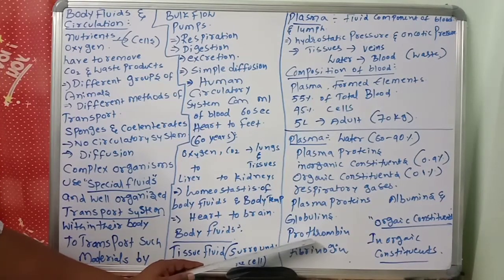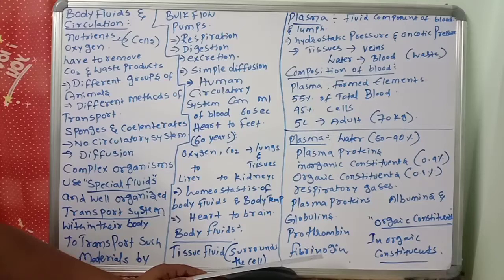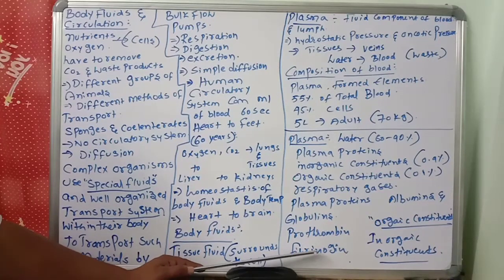They are involved in blood clotting. Organic constituents include urea, amino acids, glucose, fats and vitamins, and the inorganic constituents include chlorides, carbonates and phosphates of potassium, sodium, calcium, magnesium. The composition of plasma is not always constant. So like this, different components are there in the plasma.